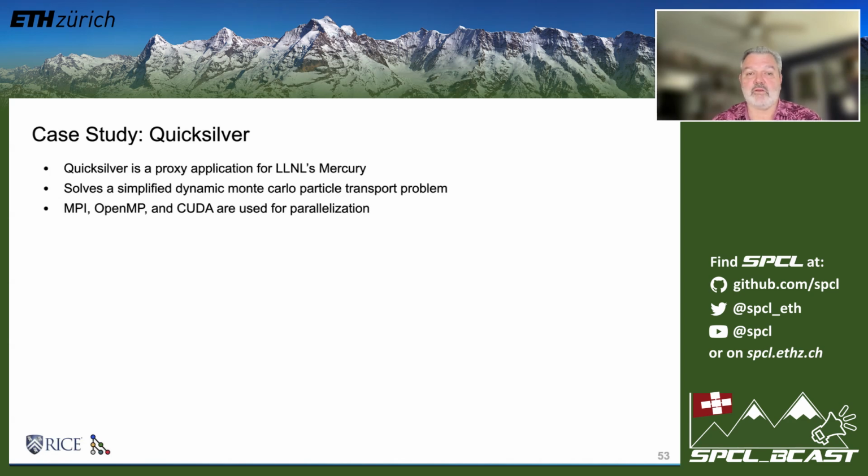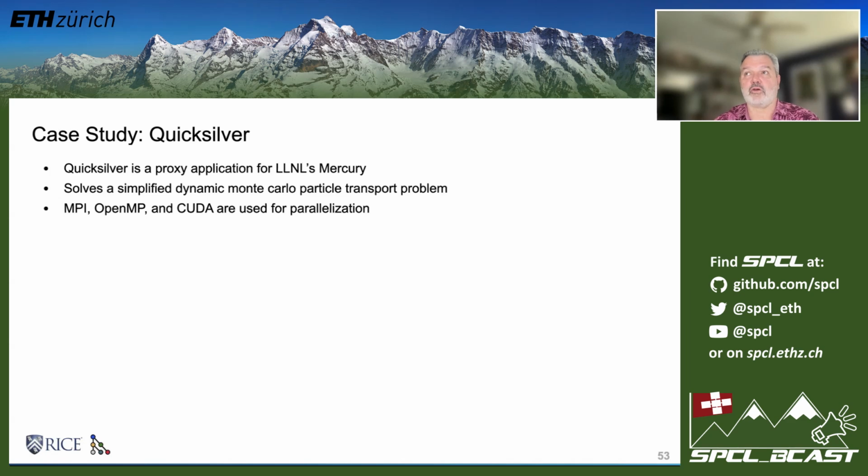Mercury is a dynamic Monte Carlo particle transport solver. They have about 100,000 lines of code for the application, and it's all inside a kernel. They decided the easiest way to parallelize this on a GPU was basically to take the entire application and shove it into a kernel. So there are thousands of procedures and 100,000 lines of code, and all of that happens inside a kernel.